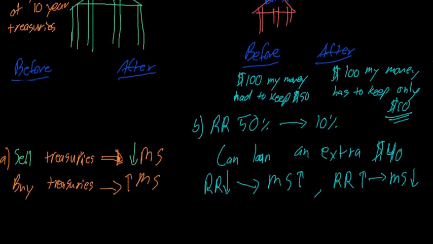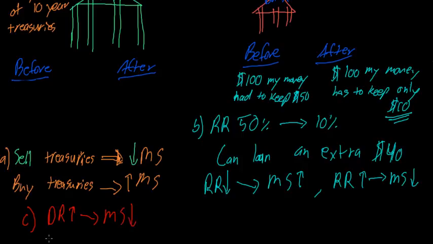So C is if the discount rate goes up, then that means that it's more expensive for the banks to borrow, and they're going to pass that on to you, which means that it's going to be more expensive for you to borrow. So you're going to borrow less and the money supply will be smaller. So when the discount rate goes up, the money supply goes down because it's more expensive to borrow money.